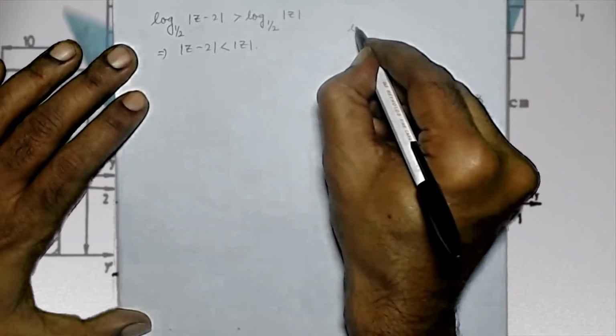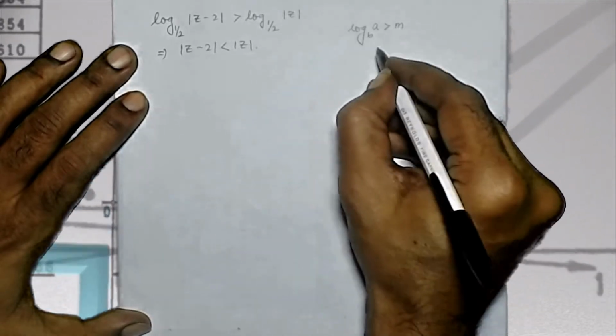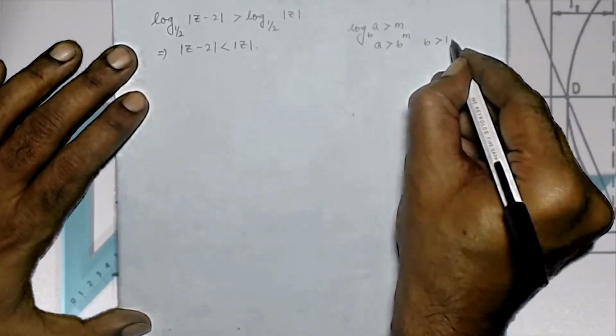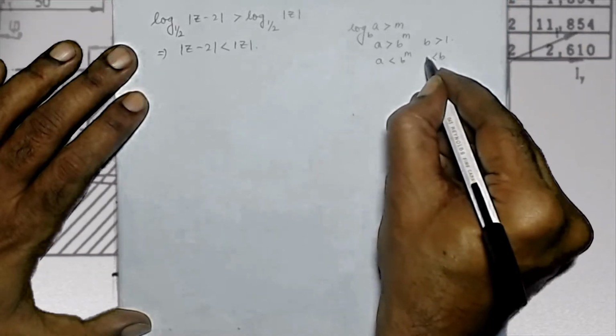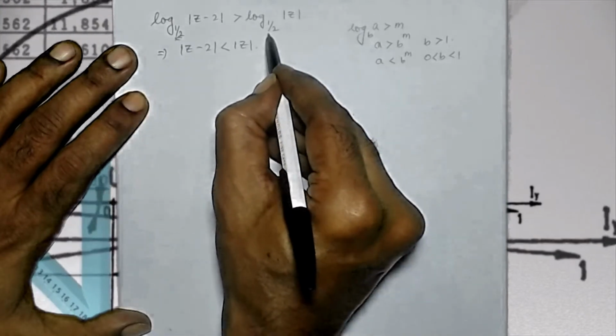If log A base B is greater than M, then A will be greater than B to the power M when B is greater than 1. A will be less than B to the power M when B is lying between 0 and 1, correct? In this case, the base is half.